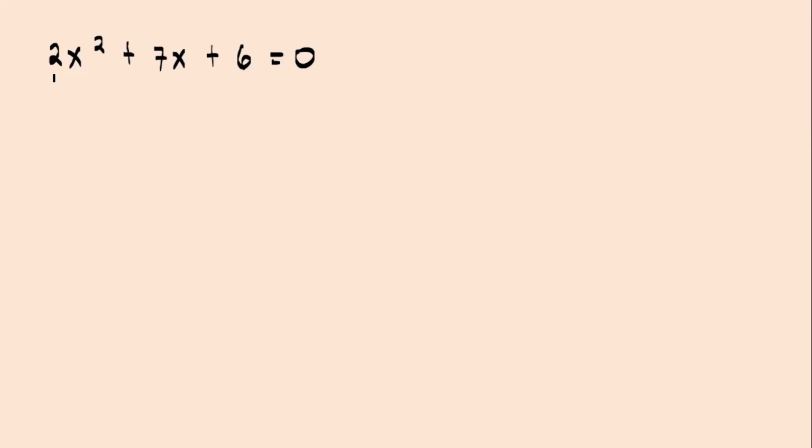Multiply the leading coefficient which is 2 and yung last term or the constant term which is 6. Okay, so that is 2 multiplied by 6 is equal to positive 12. And after that, think of two numbers na kapag pinag-multiply, ang sagot is 12. At kapag pinag-add, ang sagot ay yung second term, which is 7.